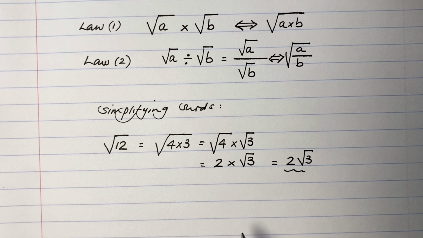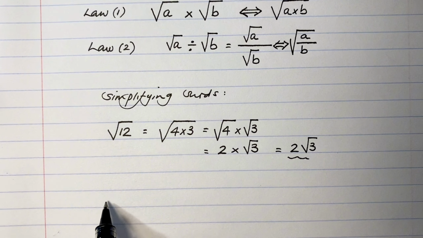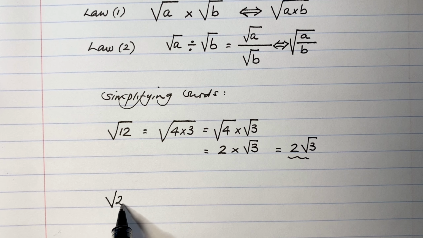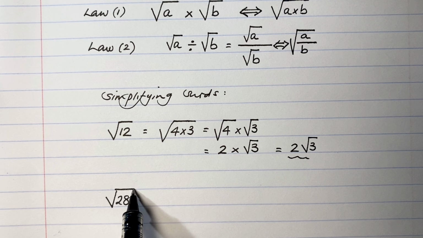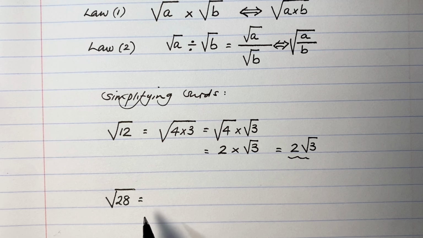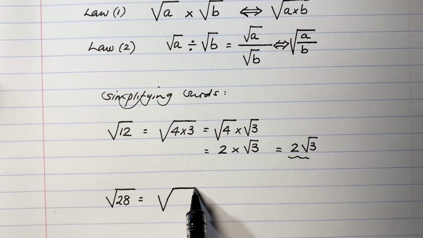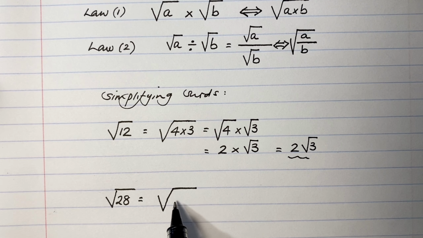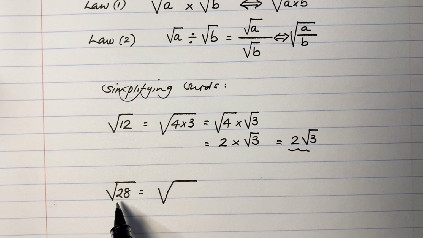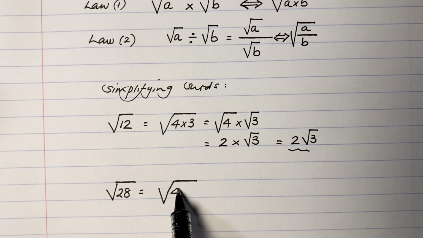Let's have another one. Say root of 28. 28 is divisible by 4, which is a square number. Except 4, 9 cannot go into 28, 16 cannot go exactly, 25 cannot go, so 4 is the largest square number.